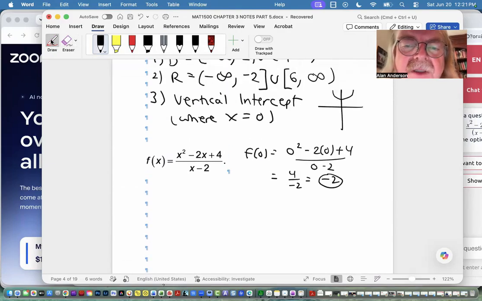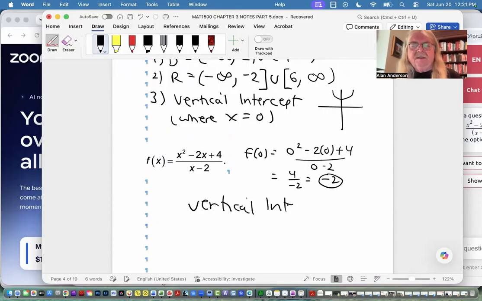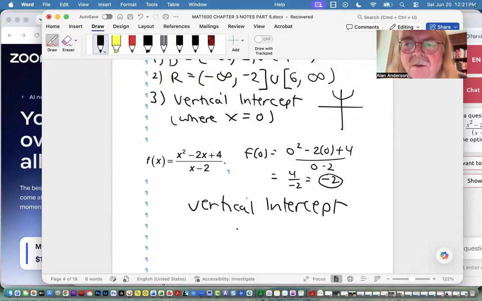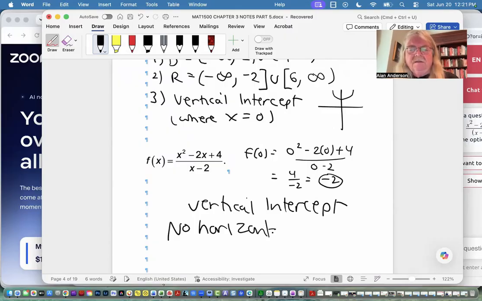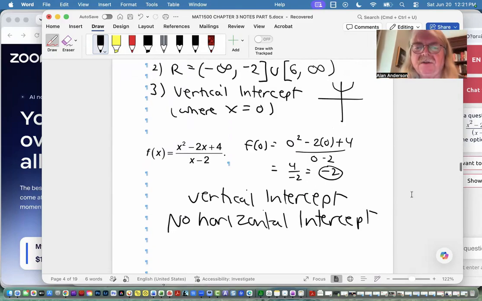But okay, so what were we trying to accomplish here? This is our vertical intercept. And then we discovered that there was no horizontal intercept. So we don't have to go through all of that again. Remember, the vertical intercept is where x equals 0.